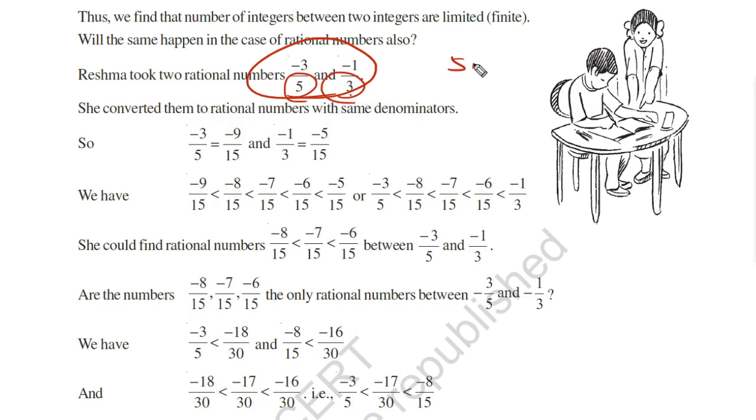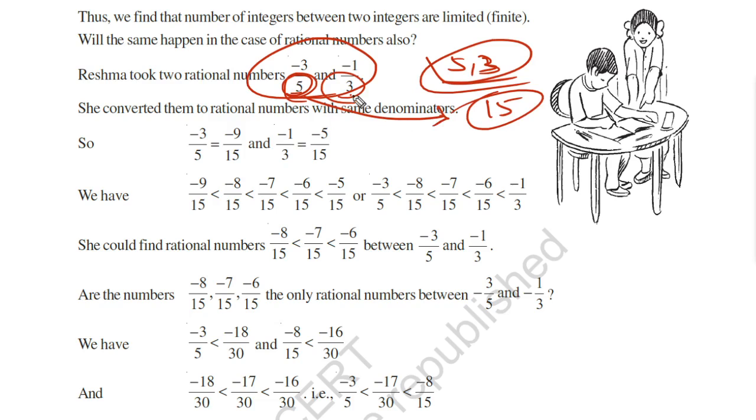So LCM of 5 and 3, you know that they don't have any common factors. So therefore we can say the LCM will be 5 into 3, that is 15. Now we will convert the denominators, here 5 to 15 and 3 also to 15. Okay, so let's start.